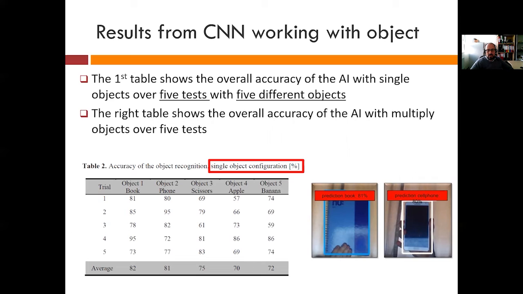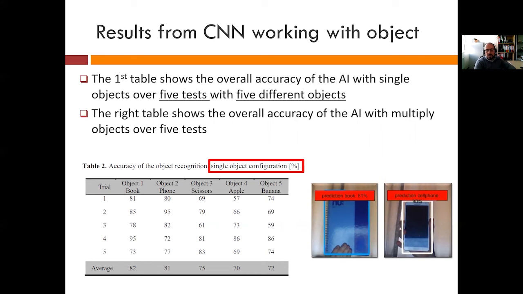So what you do is that you do, again, preliminary validation. So 5 trials for each one. And again, here you're losing something. For example, you have 70% and 72%, but then you go up to 75 and 82. So there are some objects that are a little bit easier to recognize.